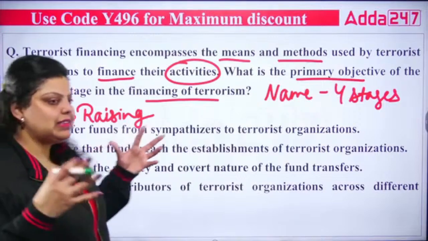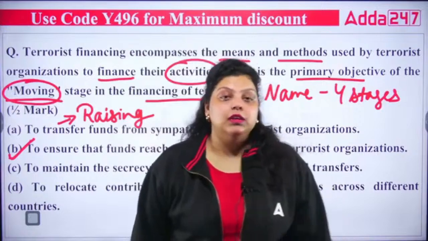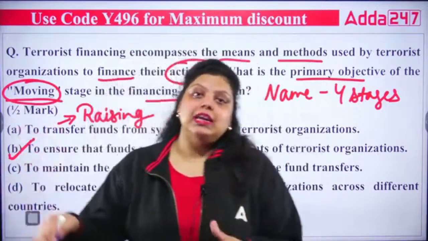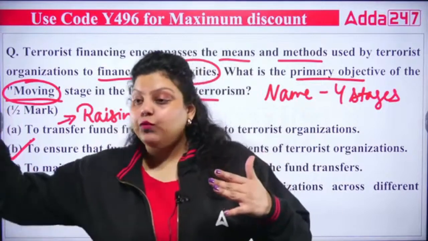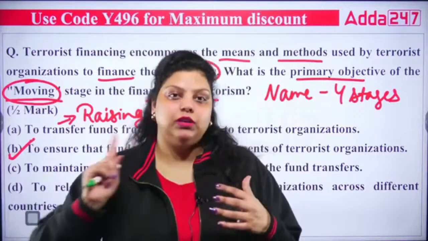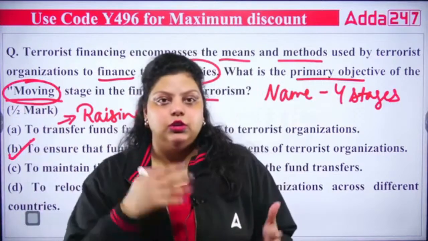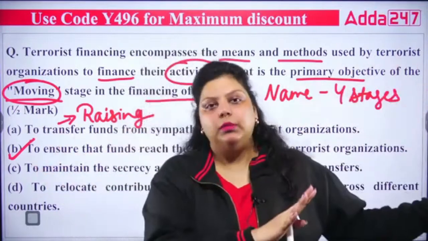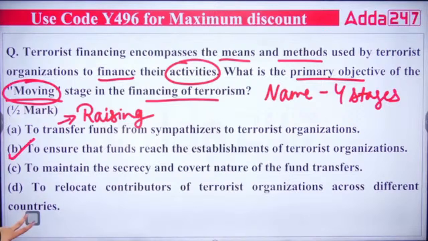Let's say I am raising money from XYZ country. It's not mandatory that I want to perform terrorist activity in XYZ country. I am raising money from different parts of the country and I want to perform the activity in a different part, so I have to move that money to one place. That is moving. So the right answer will be B.